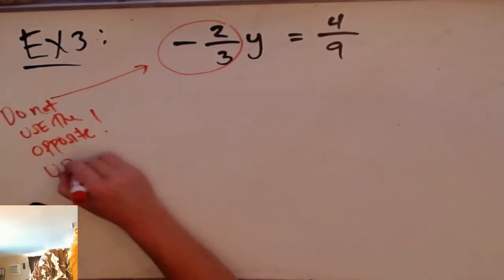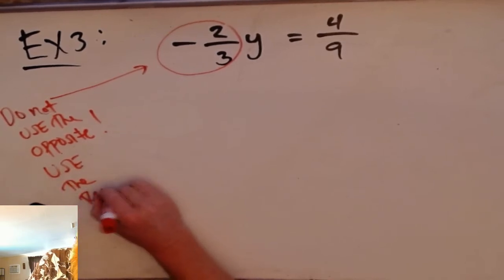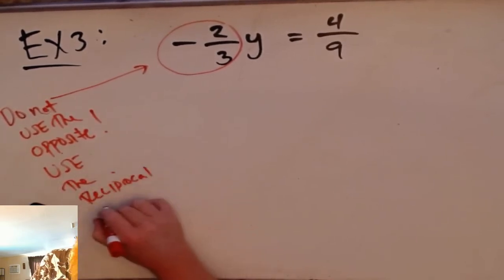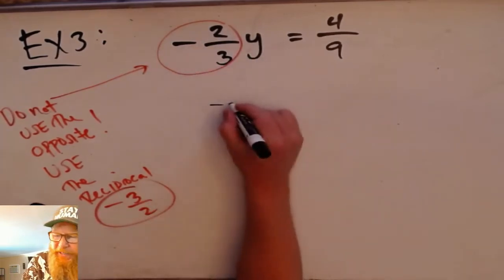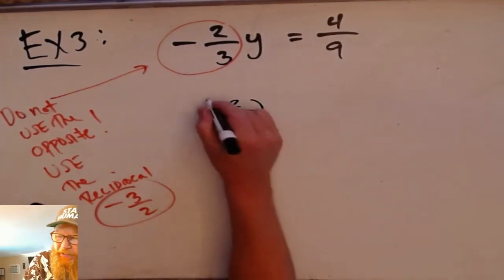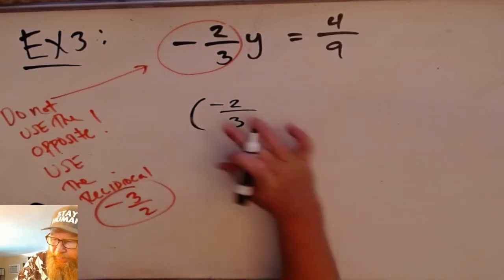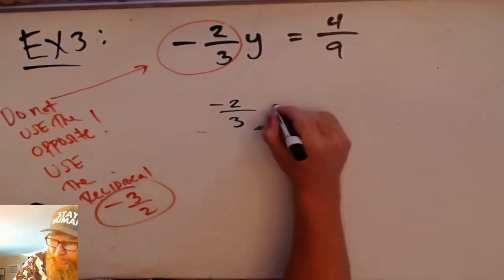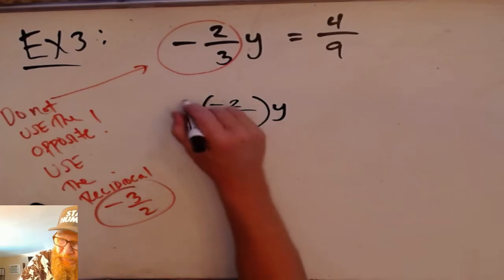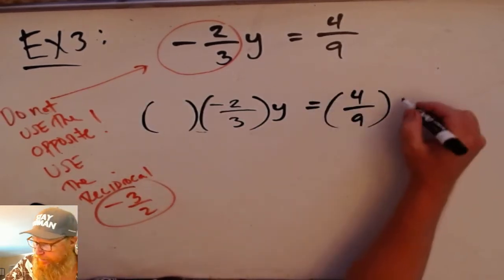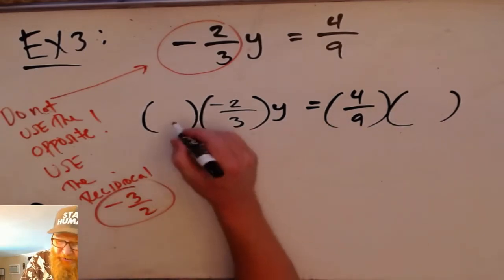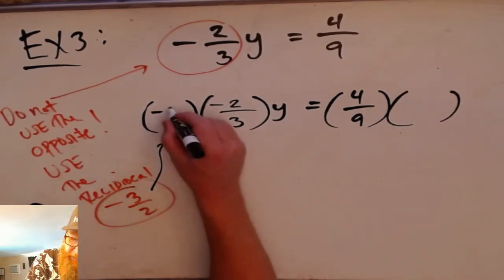So you want to use the reciprocal, which is negative 3/2. I don't care where you put the negative, but I usually put it on top. And I like to use parentheses whenever I have fractions, especially when they are negative.